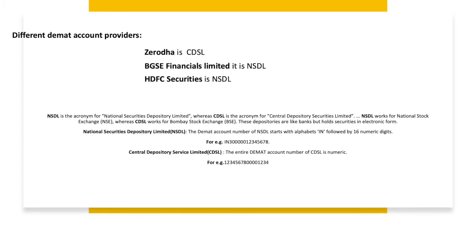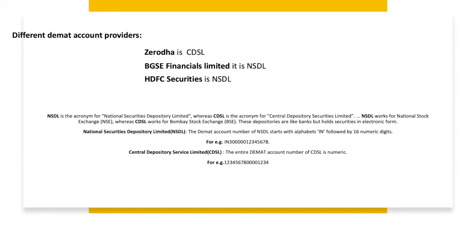So if you have a Zerodha demat account, then you have to choose CDSL, and if you have BGC Financials Limited as your demat account and wish to apply to any IPO through your SBI savings account, then you can choose NSDL and register the applicant. If you have any other demat account, you will be able to easily differentiate between CDSL and NSDL.